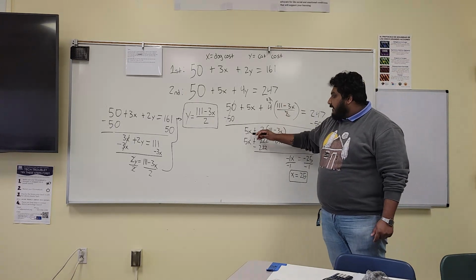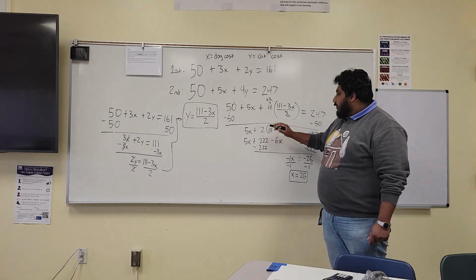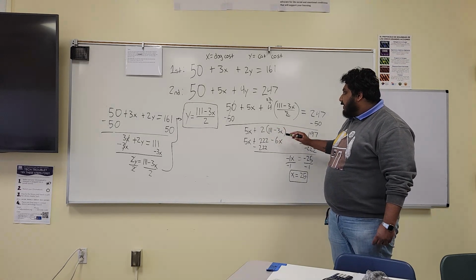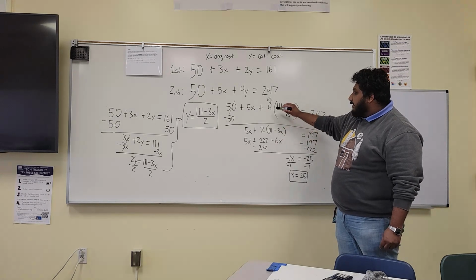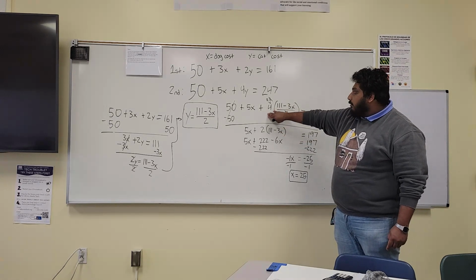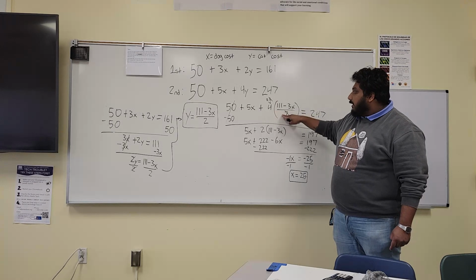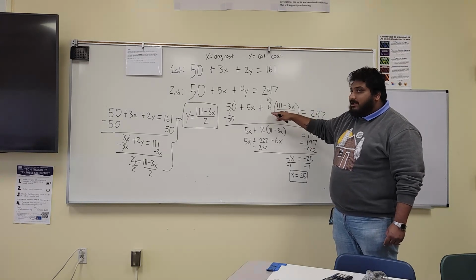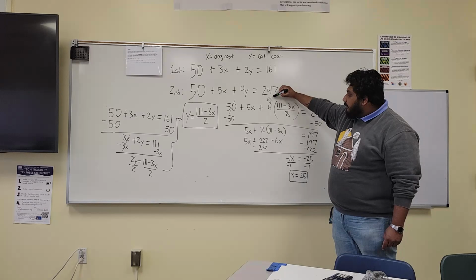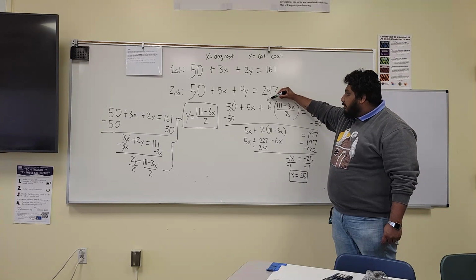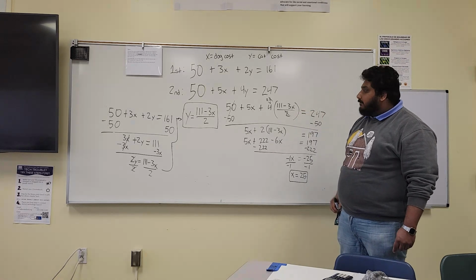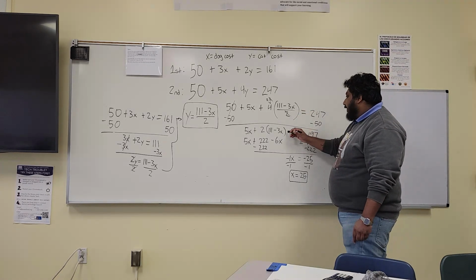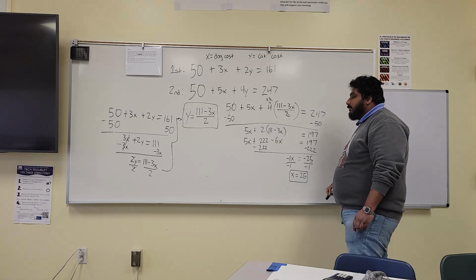This gives us 5x plus 2 times 111 minus 3x, and the reason we have this 2 times 111 minus 3x instead of this fraction is because 4 was in front of the fraction. 4 and 2, they can be canceled out a little bit. 4 is just 2 times 2, so we'll take one of the 2's from that 4, and we'll take the 2 at the bottom, and we'll cancel them out. And we have all of that equal to 197.